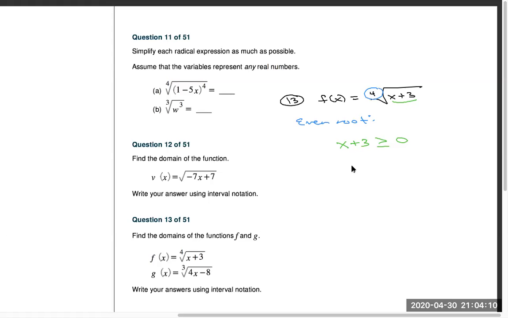So for this one, subtract 3 both sides. So on your number line, you have -3 included and everything greater than that. So for this first one, you have -3 to infinity.